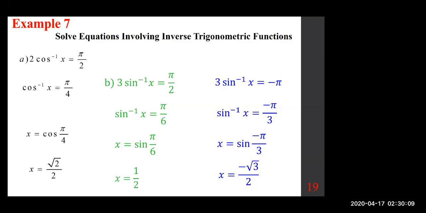The next one, class, you have to divide by 3. So first and foremost, you divide by 3. When you do that, you get sine inverse equals pi over 6.